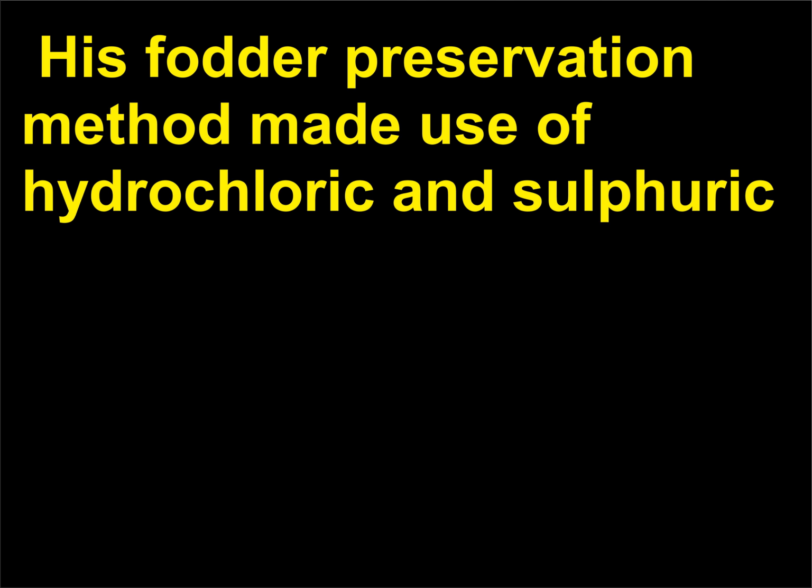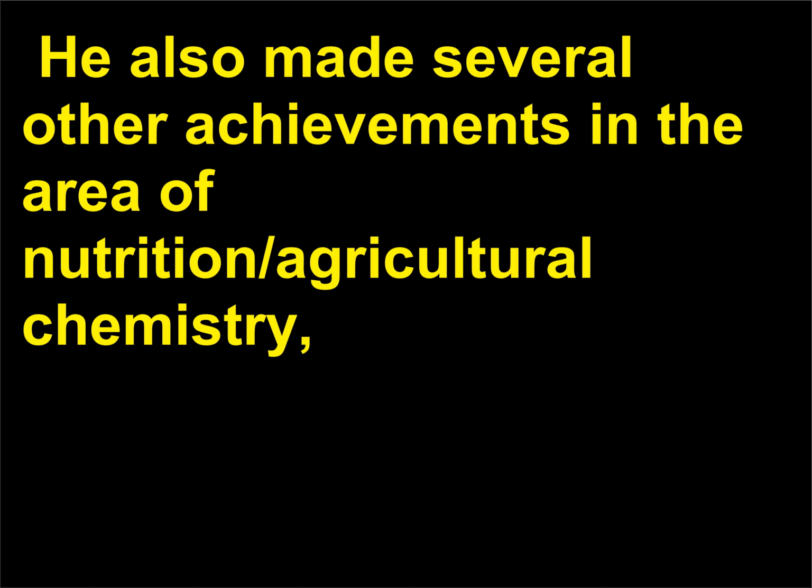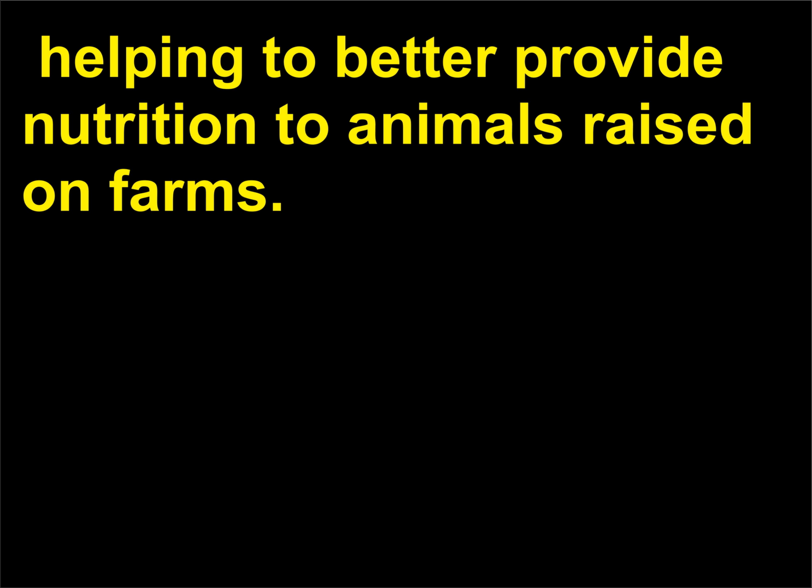His fodder preservation method made use of hydrochloric and sulfuric acids to slow the processes that normally cause fodder to ferment. He also made several other achievements in the area of nutrition/agricultural chemistry, helping to better provide nutrition to animals raised on farms.